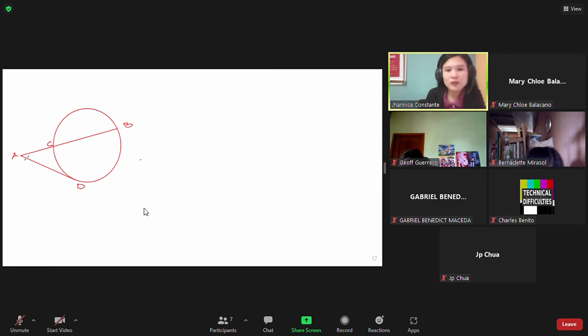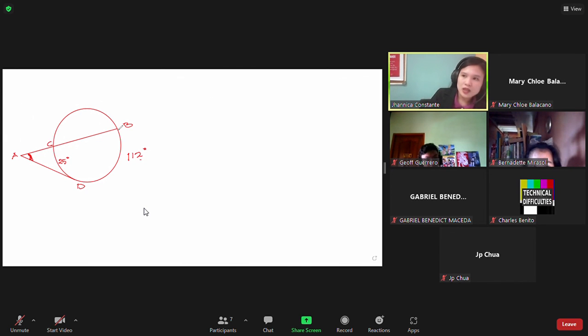We need to find the measurement of our angle A, if arc BD is equal to 112 and arc CD is equal to 25. So what will be the measurement of our angle A?